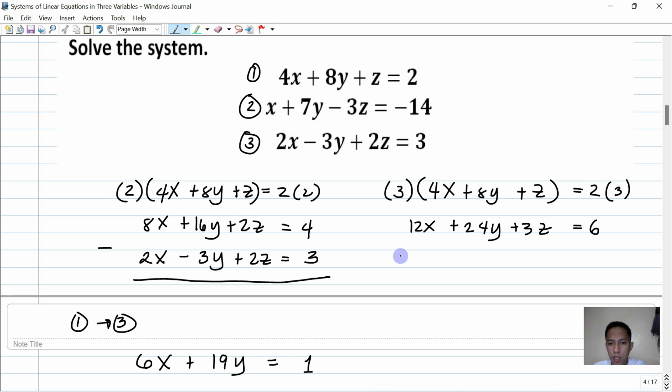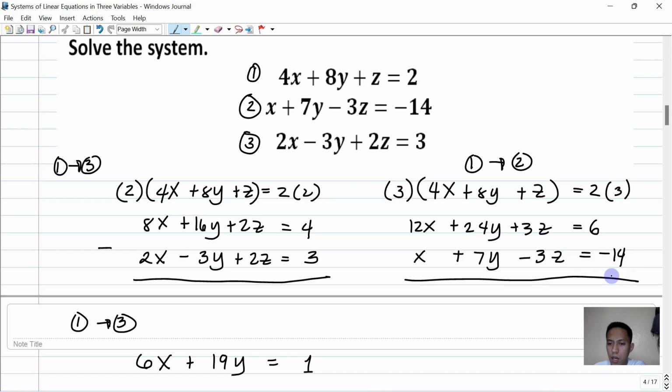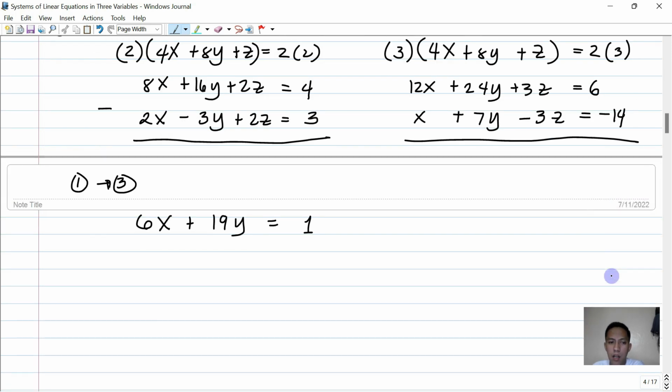And we have equation 2, that is x. Okay, ito equation 1 and 3. Ito naman equation 1 and 2. So equation 2, that is x plus 7y minus 3z equals negative 14. So dito guys, as you can see, yung sign ng 3z are opposite.